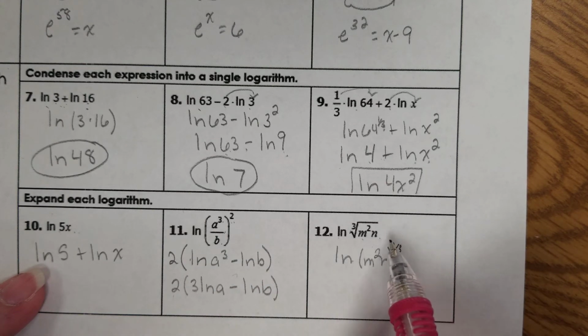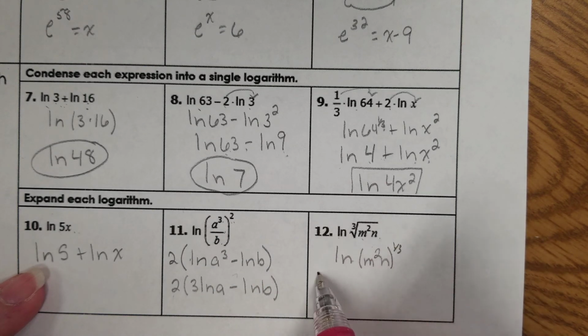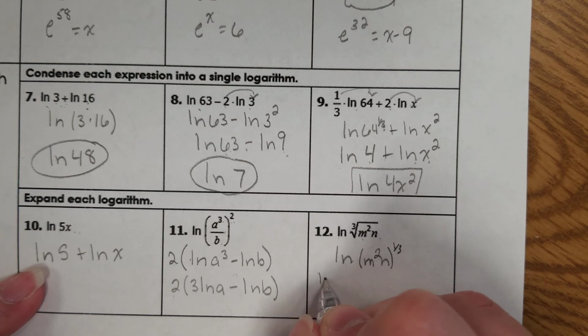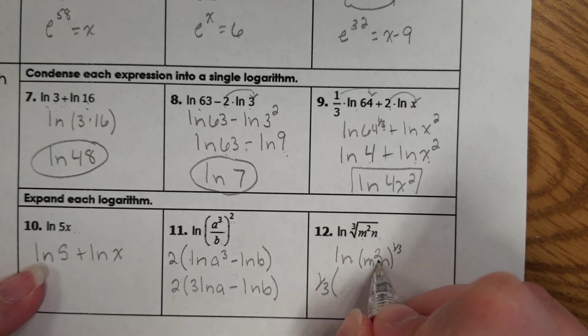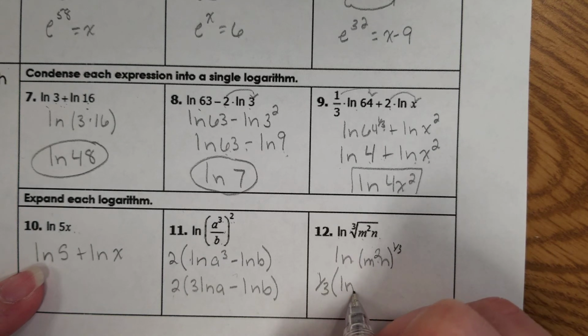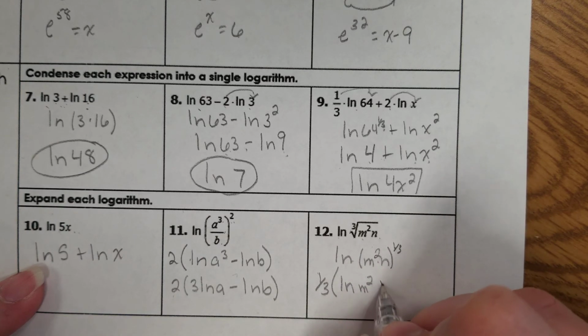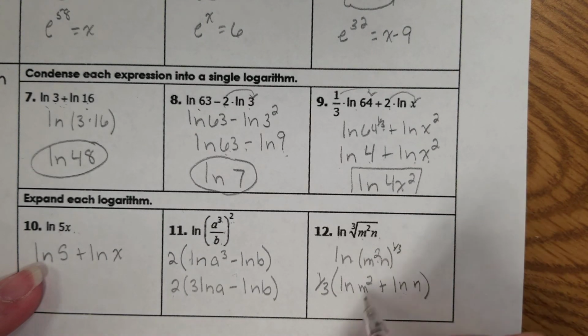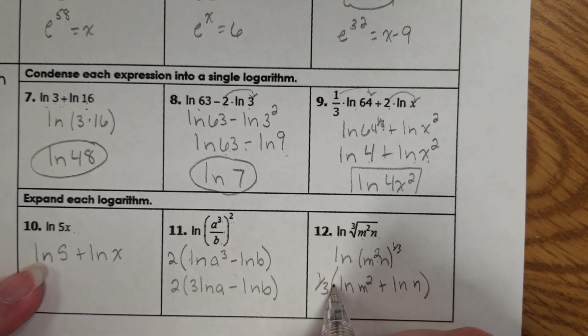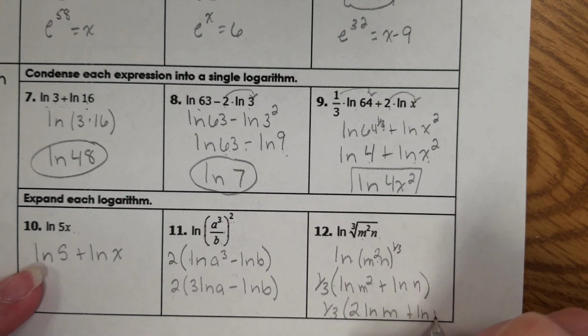This 1/3 becomes the coefficient in front of our parentheses. So we have 1/3, and then we're multiplying between the m squared and the n. So we have the natural log of m squared plus the natural log of n, which kind of gets redundant here, but it's fine. And now this squared is going to go in front of the natural log here. So we have 1/3 times the quantity 2 times the natural log of m plus the natural log of n.